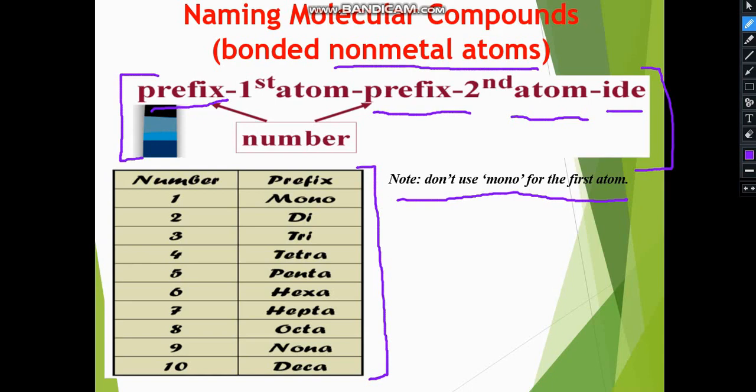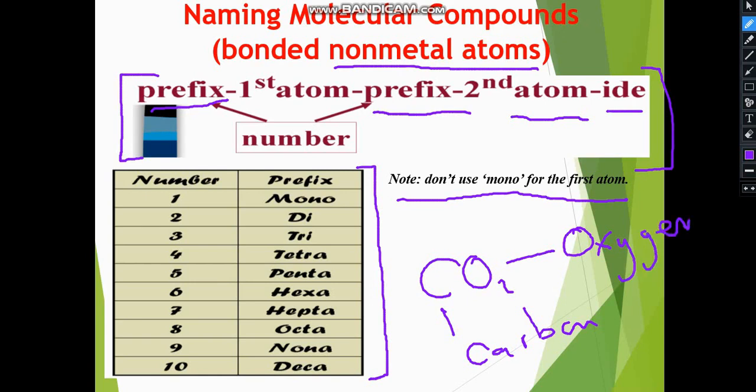So let's give an example of this statement. If you have this molecular compound, when it comes to naming it, you know that there is carbon, there is also oxygen. So the rule says we need to put the prefix, but it is being guided to say if the first atom is 1, let us not put the word mono.